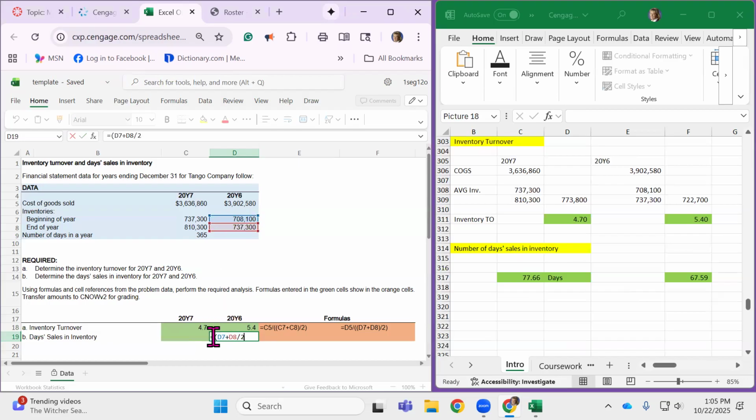Okay, we got to get a few more parentheses in there. That's going to give us our average inventory. And then we want to take our cost of goods sold, which is right here, and divide it by 365. Okay, so we've kind of got a division problem, both the numerator and the denominator.